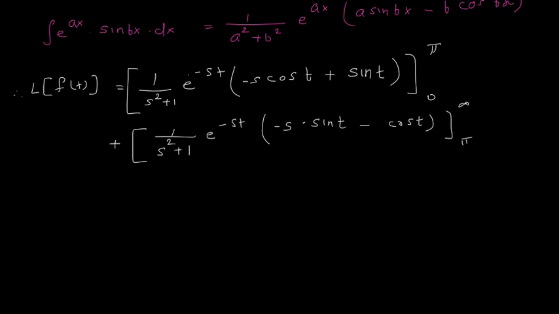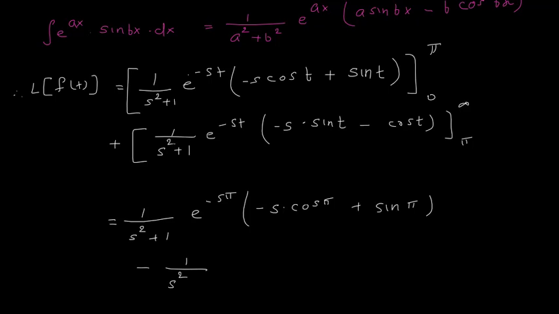This is equal to 1 upon s square plus 1. Now in place of t we will put pi, so it will become e raised to minus s pi, inside the bracket minus s into cos pi plus sin pi. Then minus, I will put 0, so it is 1 upon s square plus 1 into e power 0.